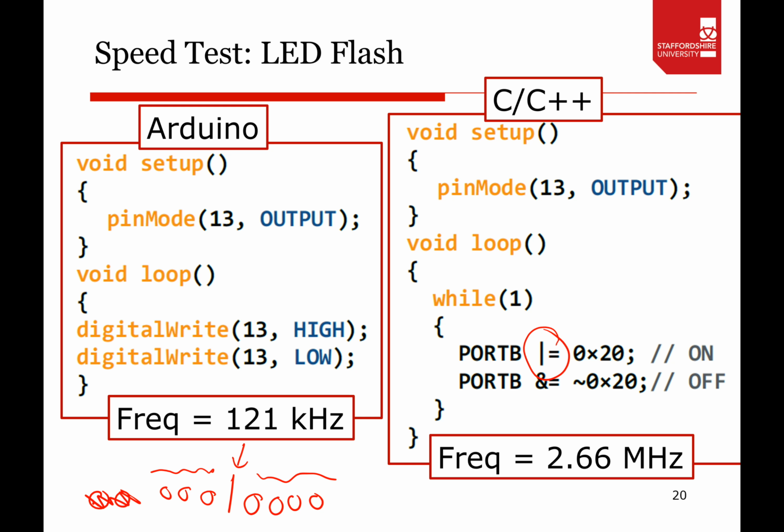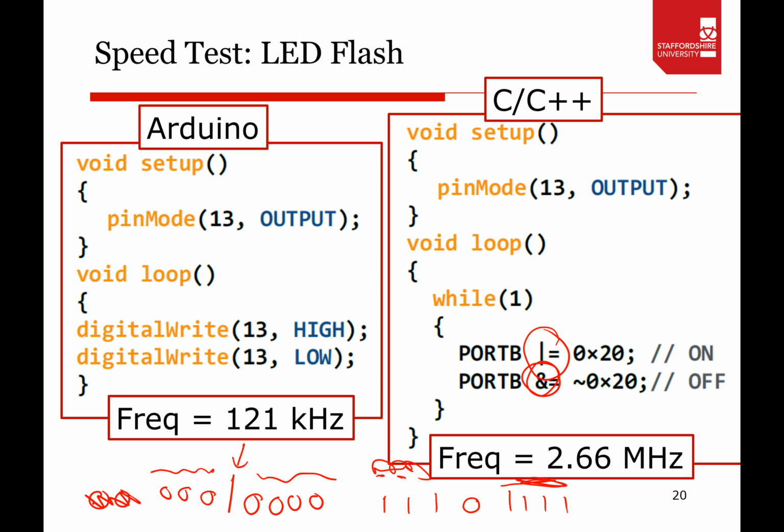And we AND it with the NOT of this. So anything that was contained in these positions, if it was a 1, will remain a 1 when we do this line. And here, anything that was a 1 will remain a 1 because we're ANDing.